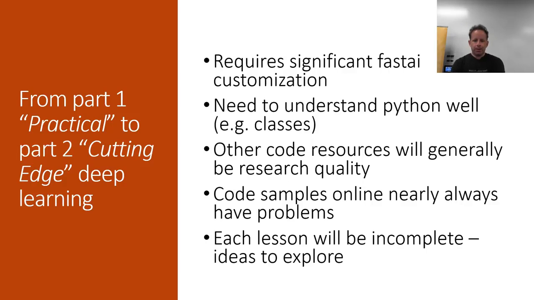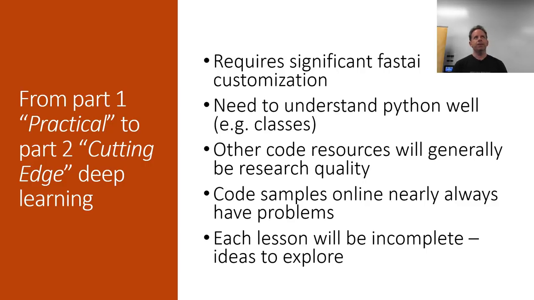I will mention that as I cover these research level topics and develop these courses, I often refer to code that academics have put up to go along with their papers, or example code that somebody else has written on GitHub. I nearly always find that there's some massive critical flaw in them.